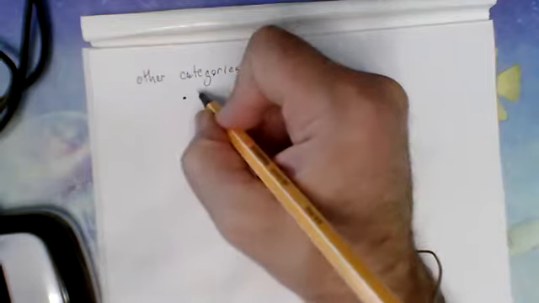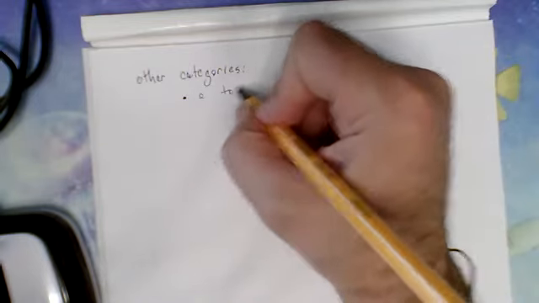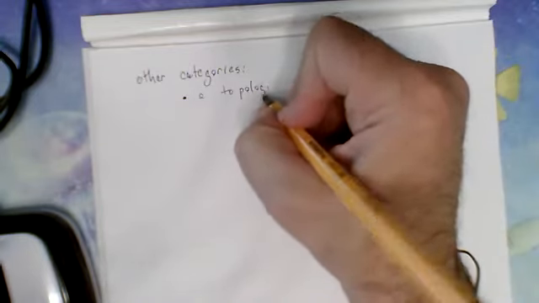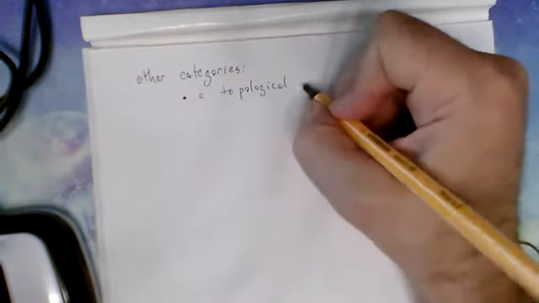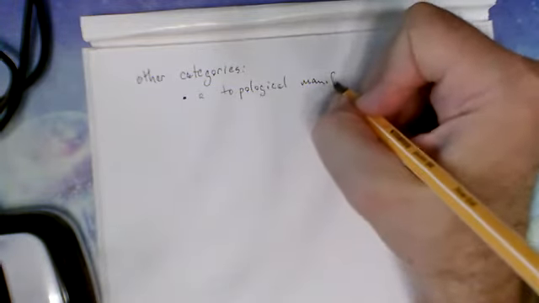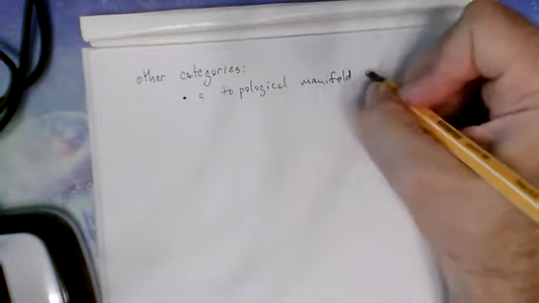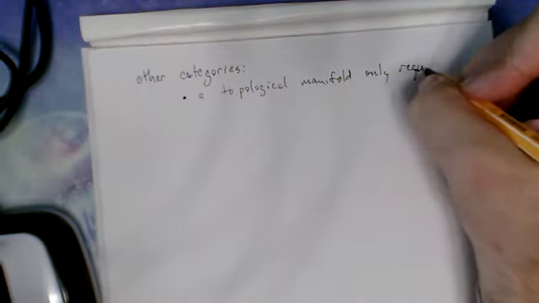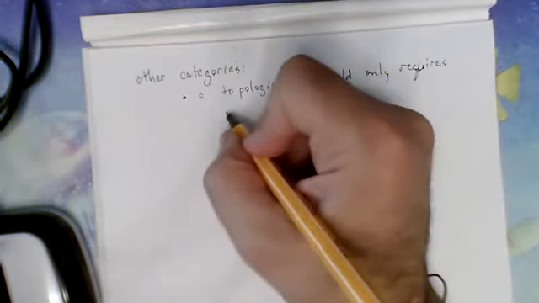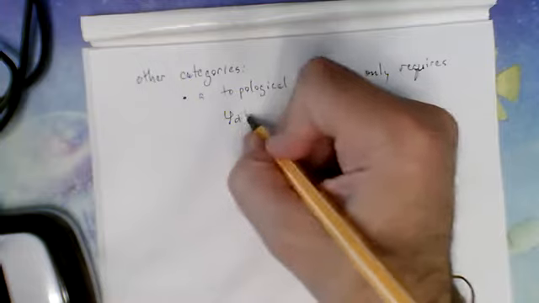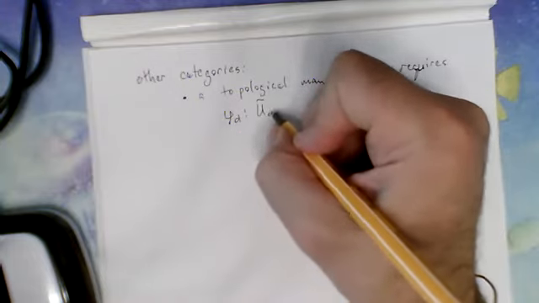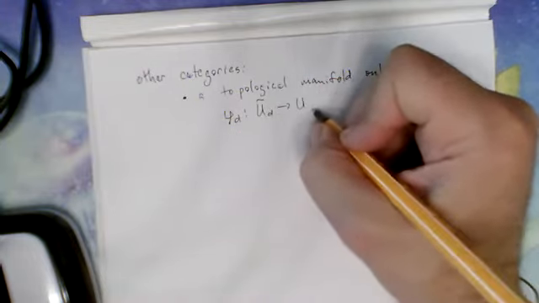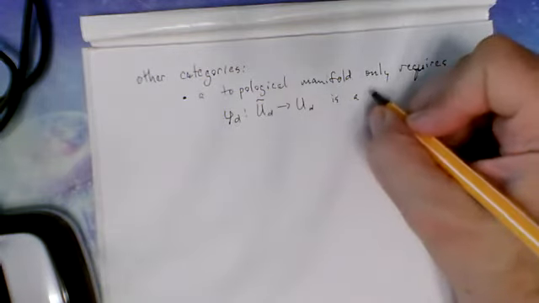A topological manifold only requires that each phi alpha is a homeomorphism.